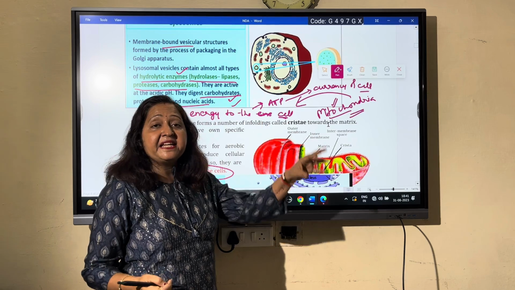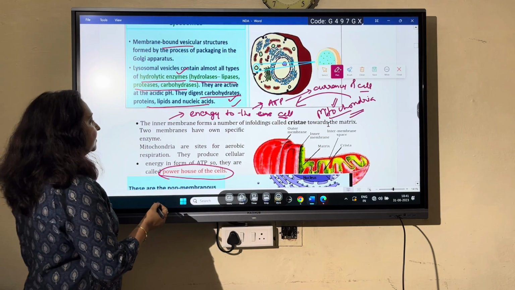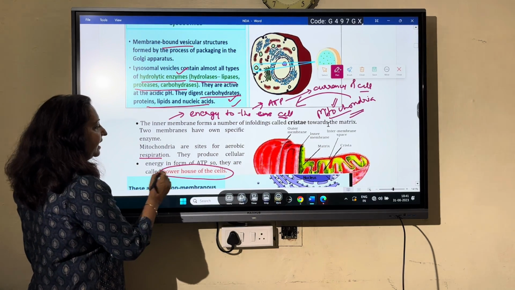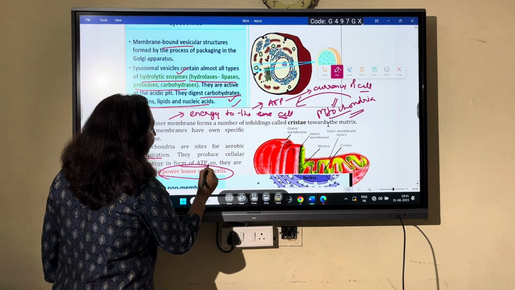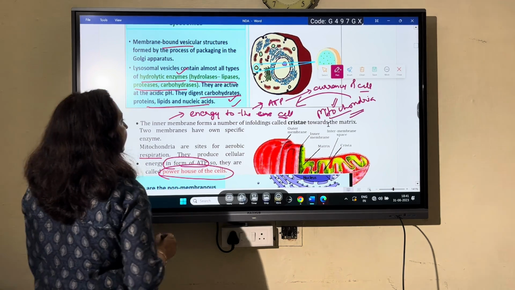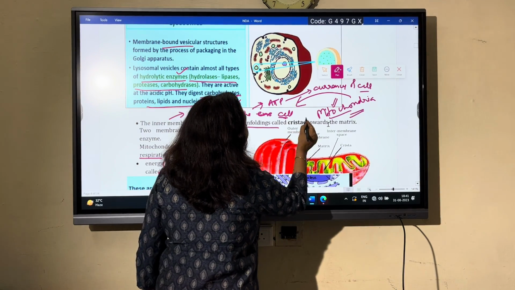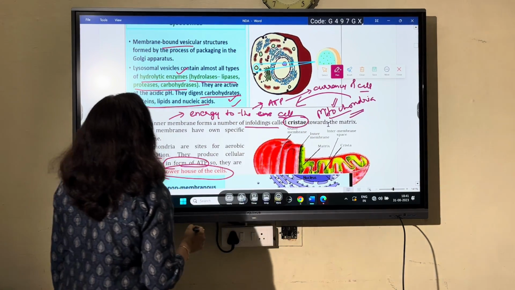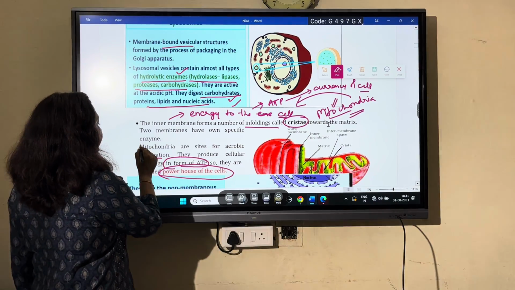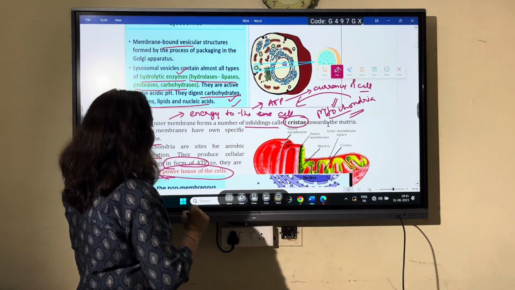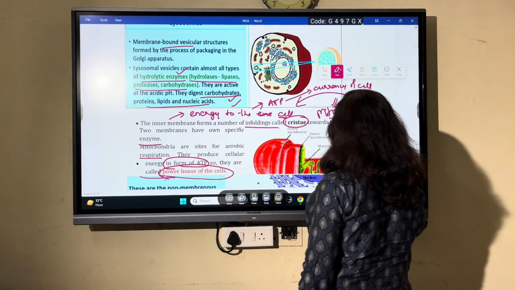These are the sites of aerobic respiration and they provide energy to the cell in the form of ATP. They are double membrane structures and enfoldings are there which are known as cristae. And these also have specific enzymes. So mitochondria are very important.